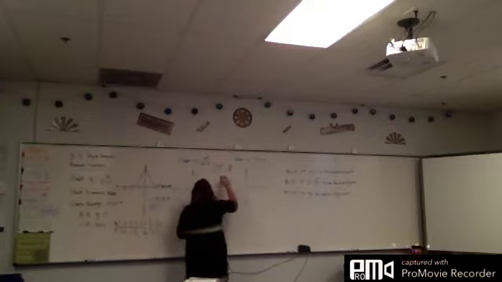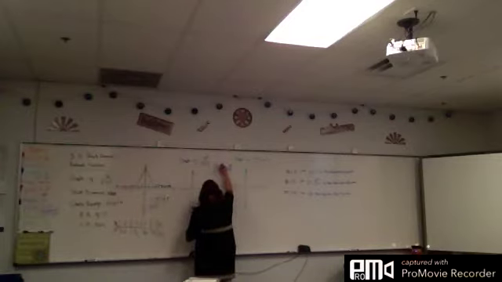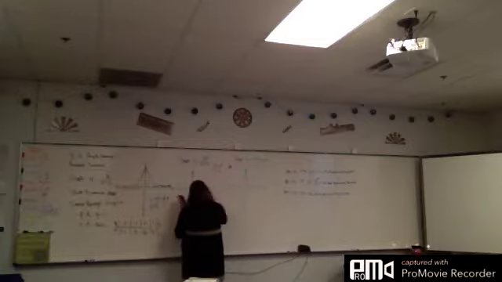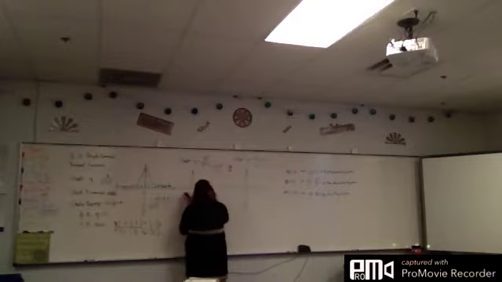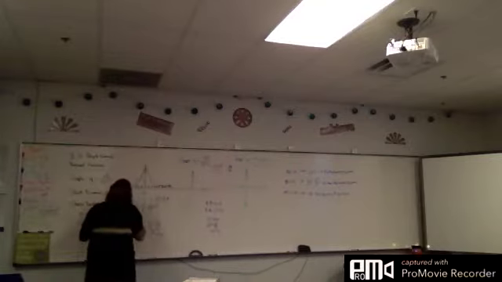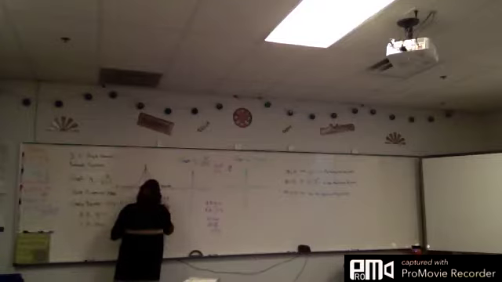Okay, now we plug in negative 5. What's negative 5 squared? 25. 25 times 2, 50. Negative 5 squared is 25, 25 minus 9, 16. 50 divided by 16, 3.1.